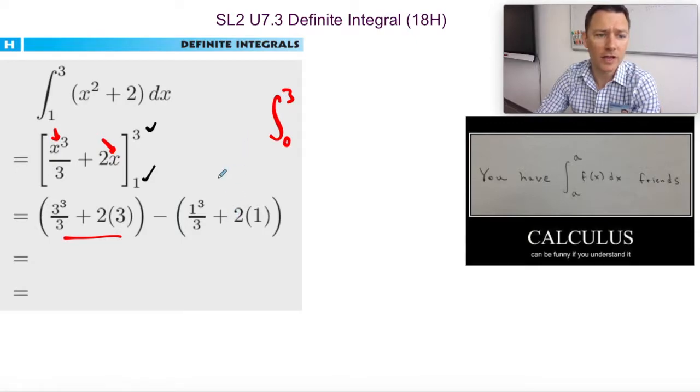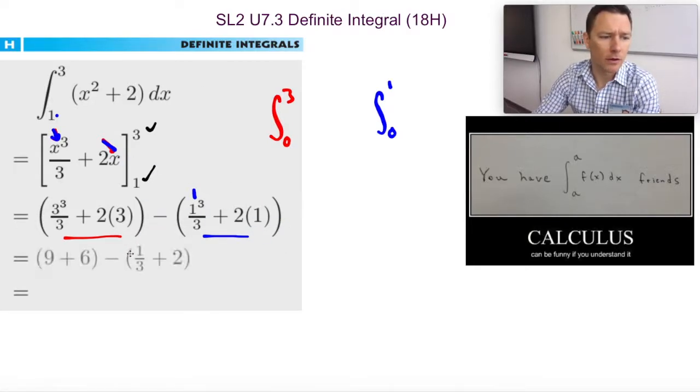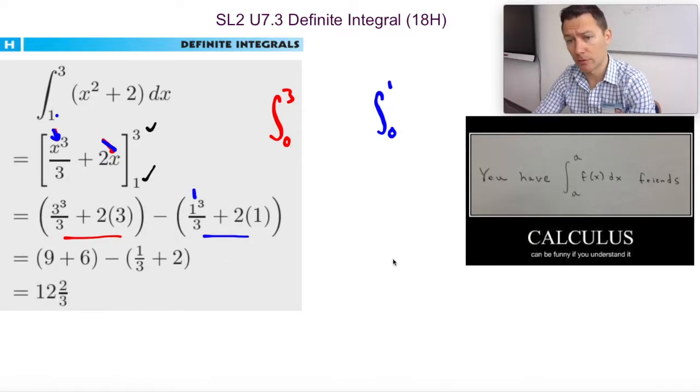And then we're going to do the same for this piece. This piece is just that integral from 0 to 1. And you just plug 1's in for the x's into there and there. And you crunch the numbers together and solve, right? This becomes 9 plus 6, this becomes a third plus 2, and you subtract them. And you get 12 and 2/3.